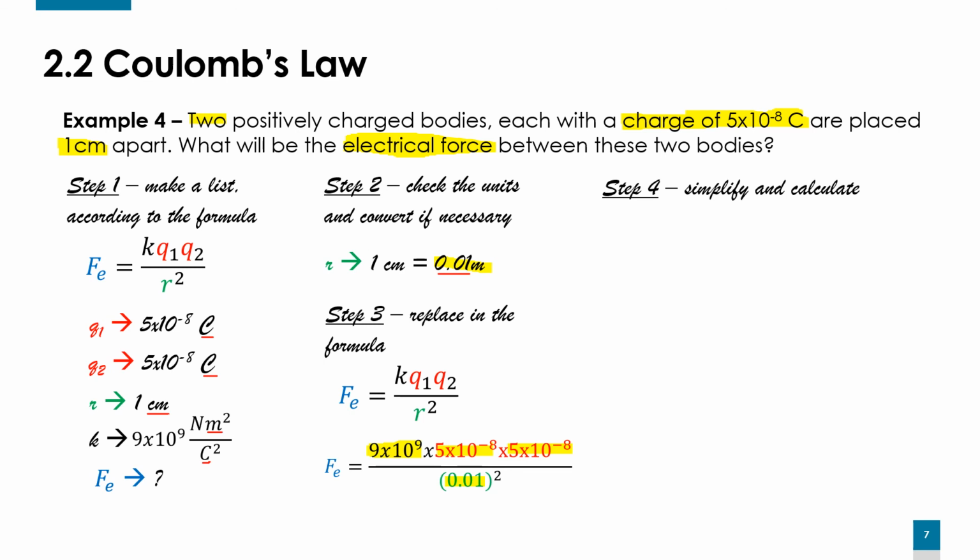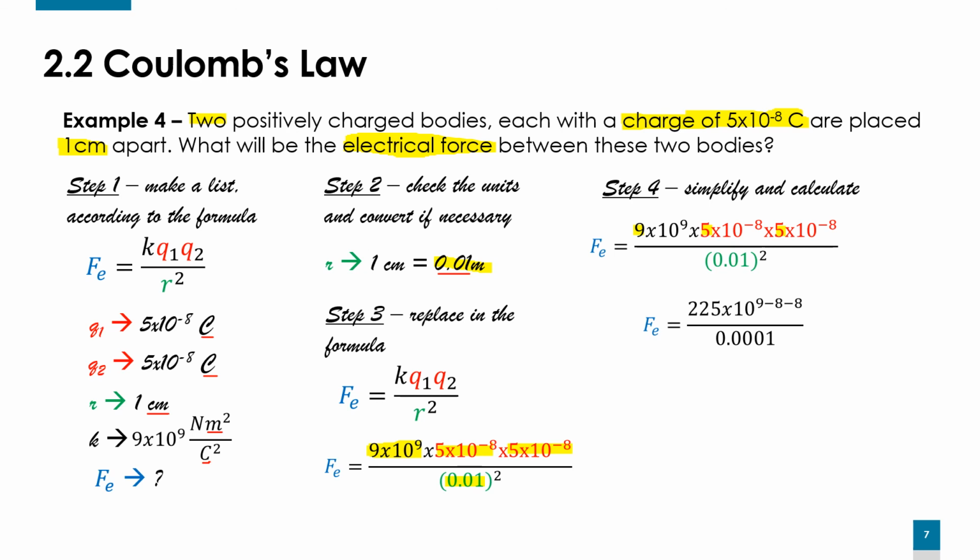Now the last step, simplify and calculate. So here I have my formula, very complicated. What I'm going to do first, my advice for you, is just multiply these numbers first. So 9 times 5 times 5 is 225, and my exponents, 10 to the power of 9, 10 to the power of minus 8, and 10 to the power of minus 8.